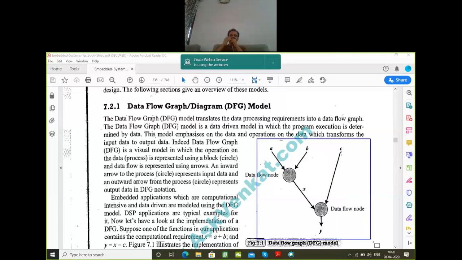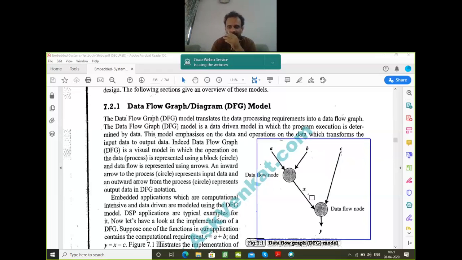This graph shows a number of inputs A, B, and C, and certain operations: plus and minus. Two operations are performed. You can find that A and B are the two inputs. Addition is performed on A and B to produce the output X.